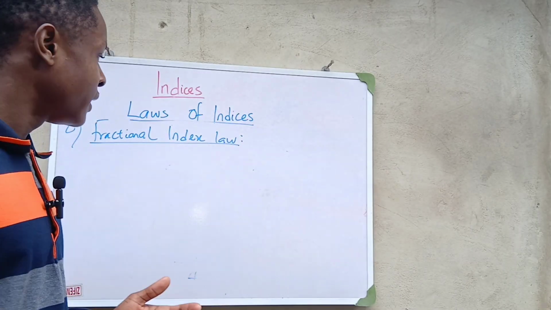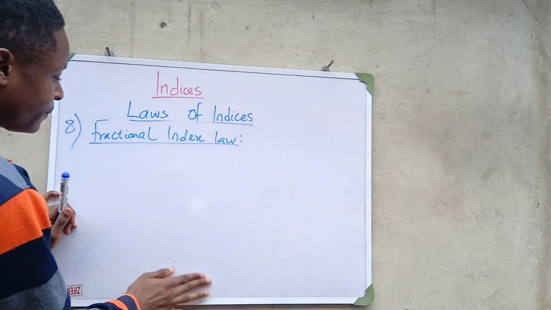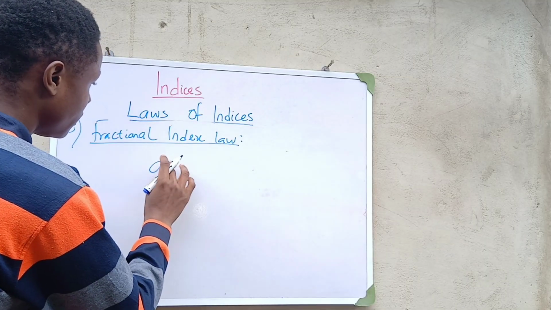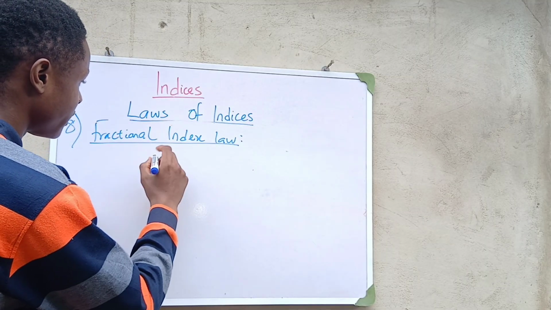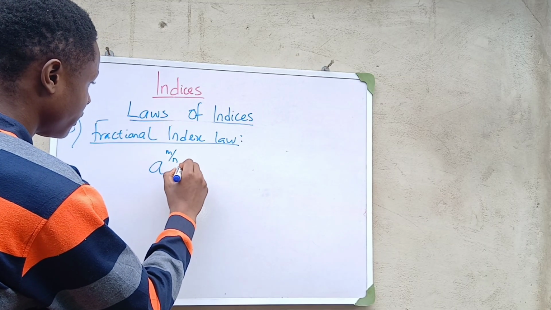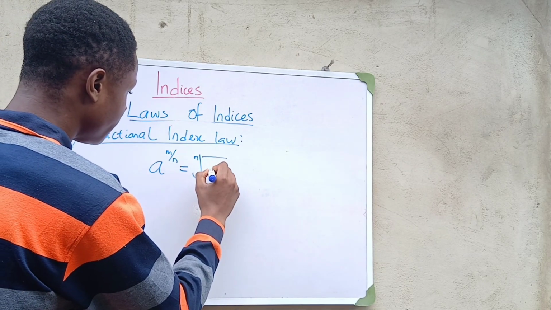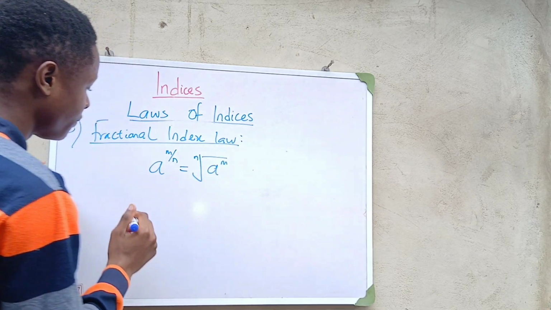So for the fractional index law, when we have a base which has a fractional index, say m over n, our value is going to be the nth root of a raised to power m.